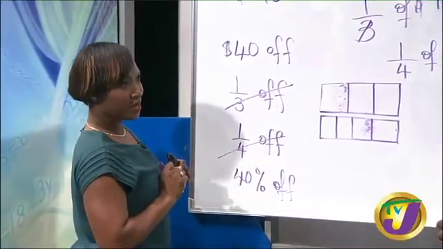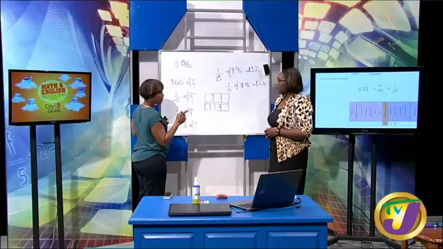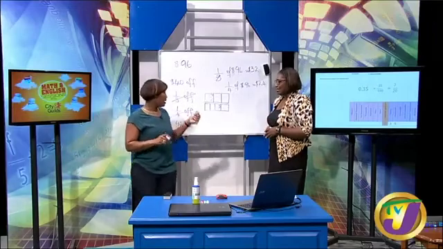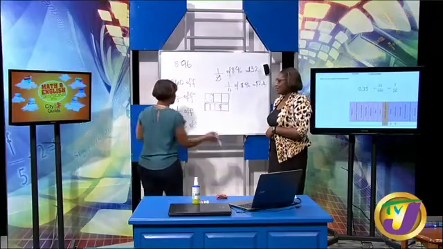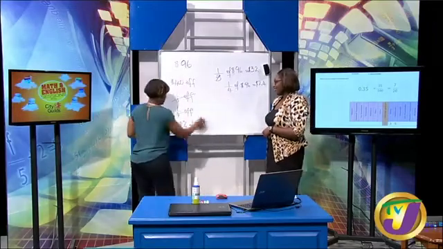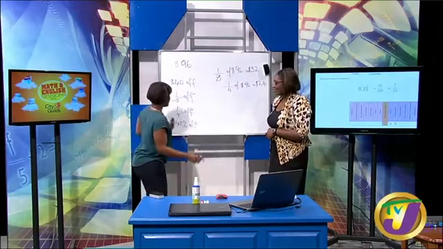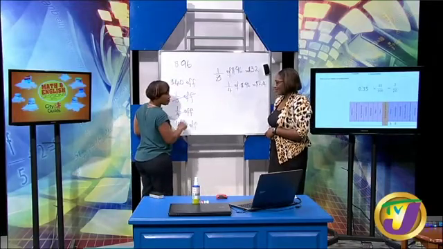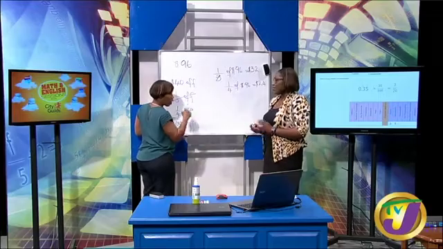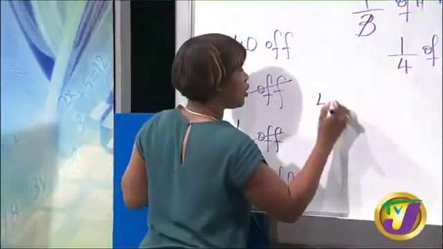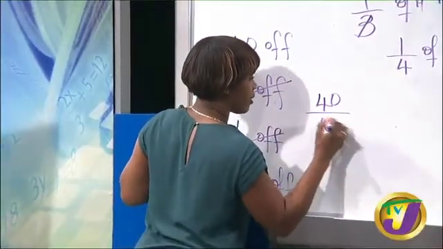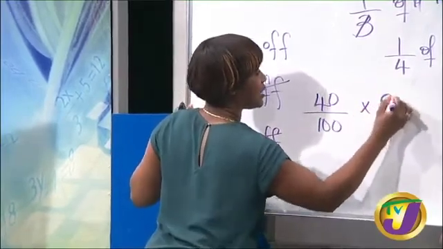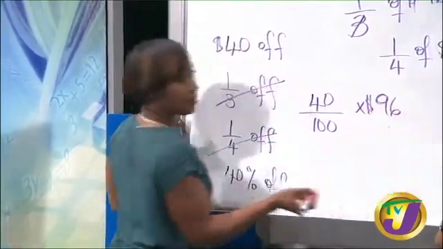40%. What does that look like? 40% of 96? How do we write 40% as a fraction? Percentage is out of 100, or per 100. So 40 hundredths of $96.